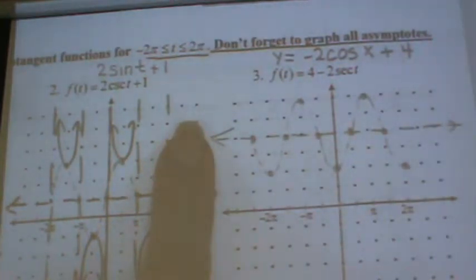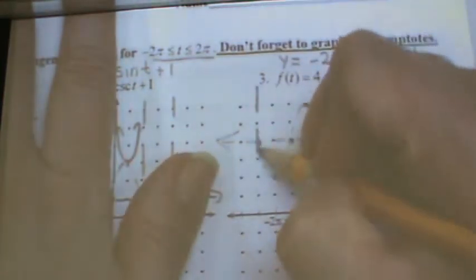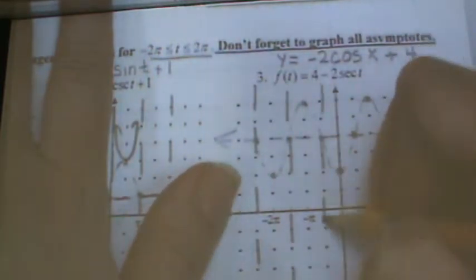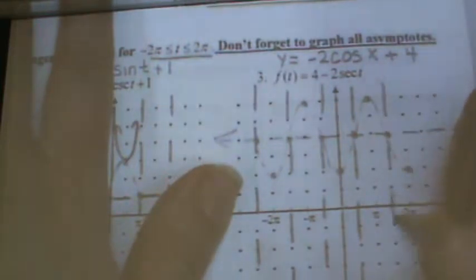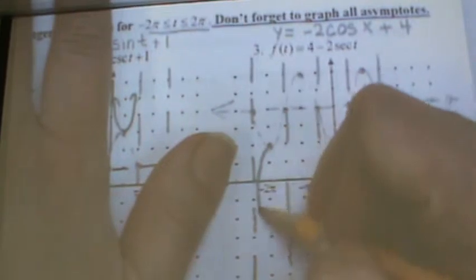Okay, is that our answer? No, it's not. We've got to put in our asymptotes. And your graph is going to look like this.